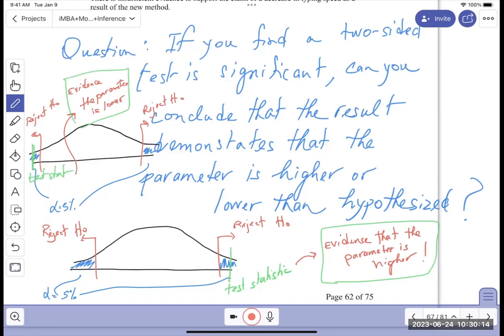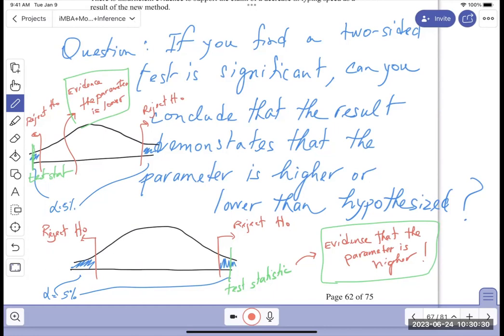So doing the two-sided test and getting a significant result automatically gives you your results for the one-sided test.